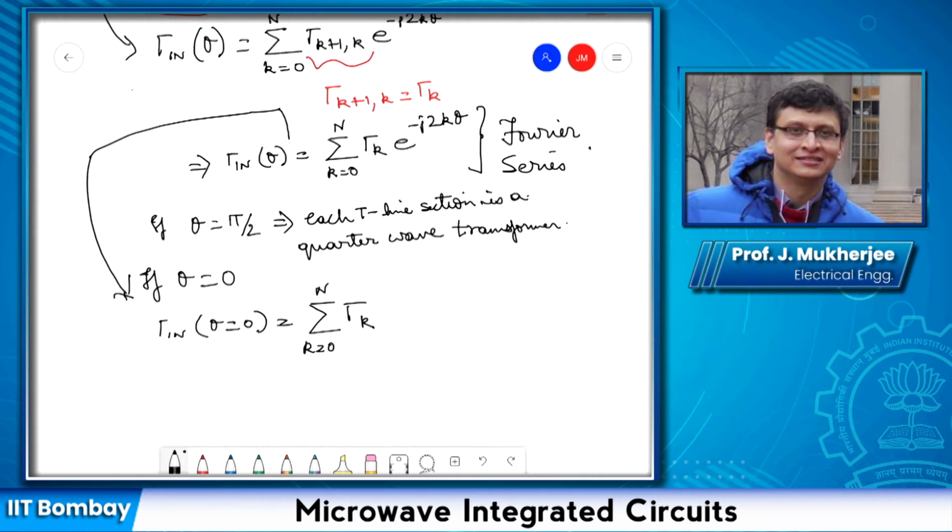But we also know that when theta is equal to 0, that corresponds to f equal to 0, right?